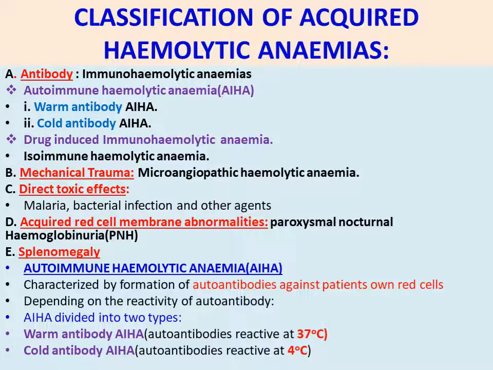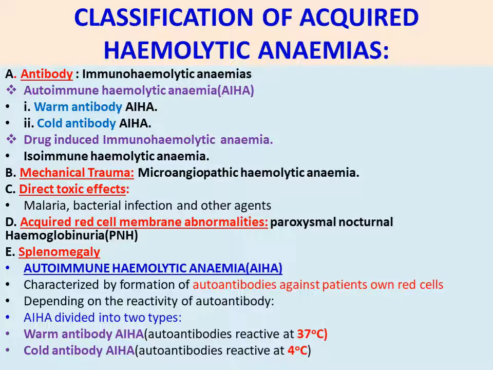In that, first one, antibody. We can identify hemolytic anemia by the presence of antibodies. These antibody associated hemolytic anemias are the immunohemolytic anemias and isoimmunohemolytic anemia.